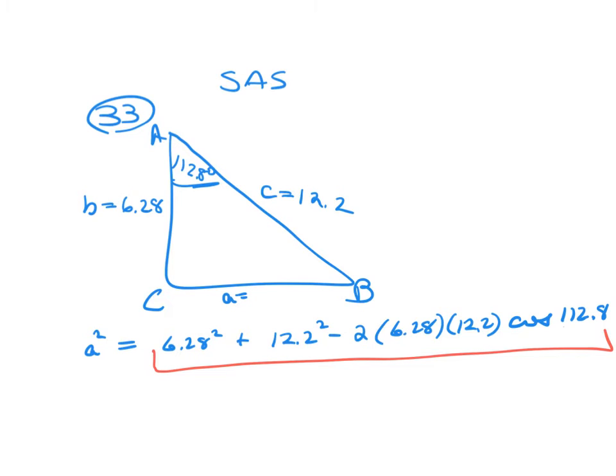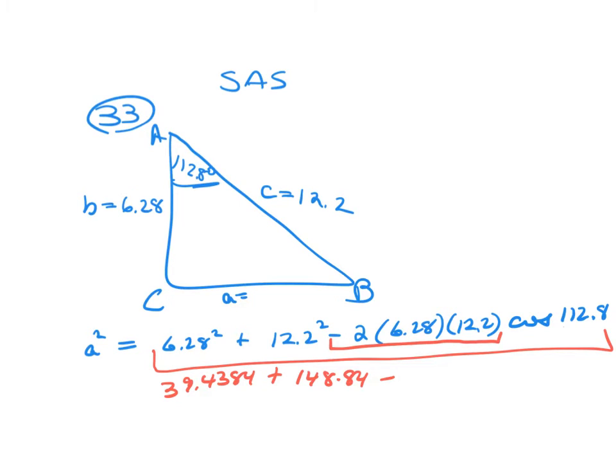So 6.28 squared, and I guess I could write it down, 39.4384. 12.2 squared gives me 148.84. I'm now going to multiply these three things.